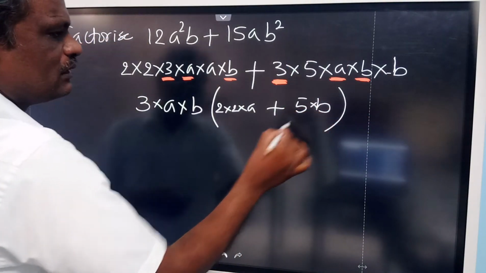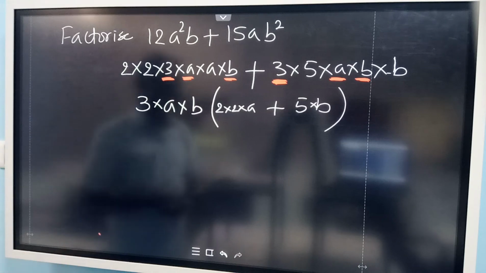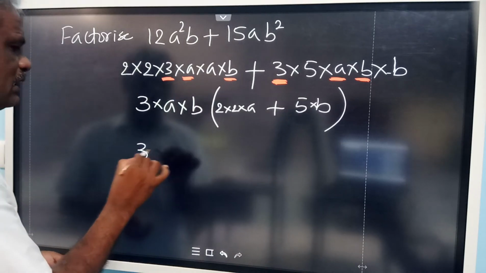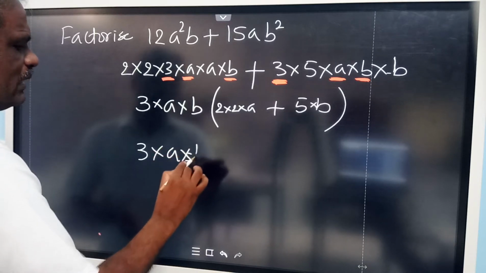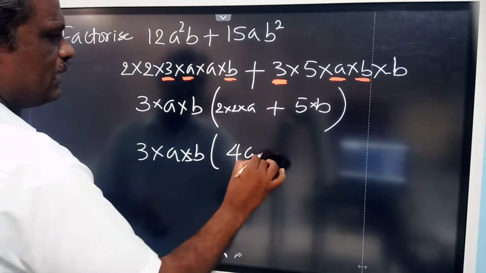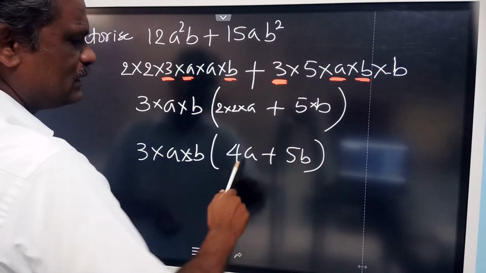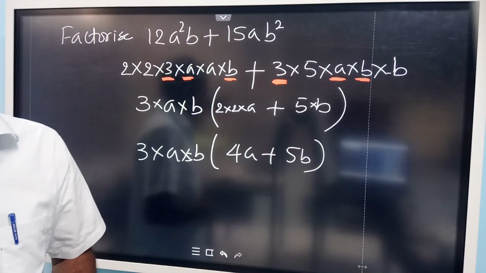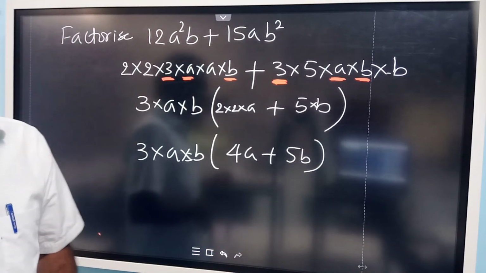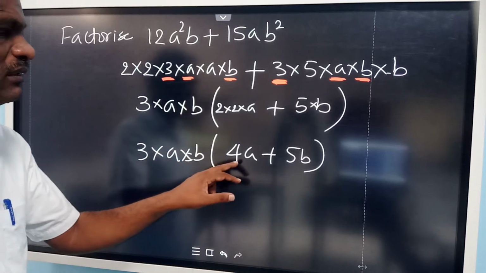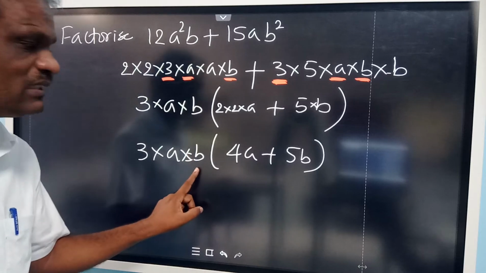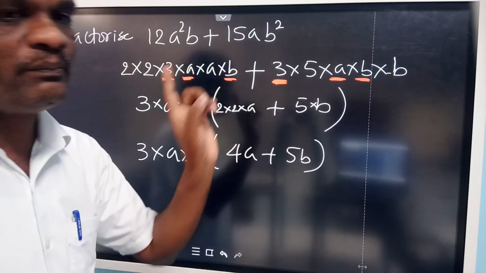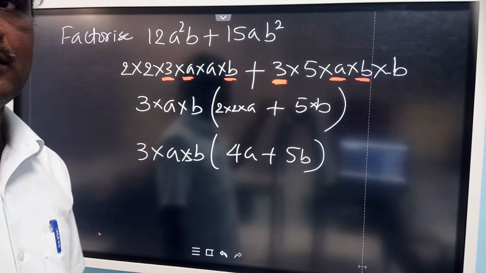So now this is the prime factorization: 3 into a into b into (4a plus 5b). This expression cannot be factorized further. What are the factors here? 3 is a factor, a is a factor, b is a factor, and 4a plus 5b is also a factor.